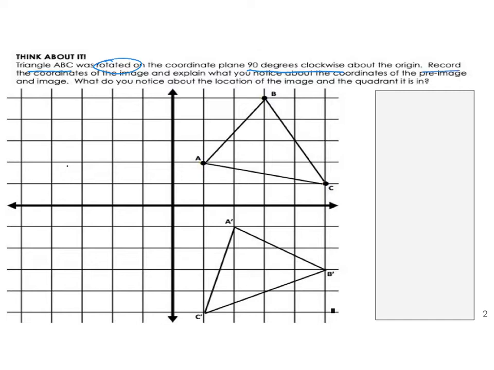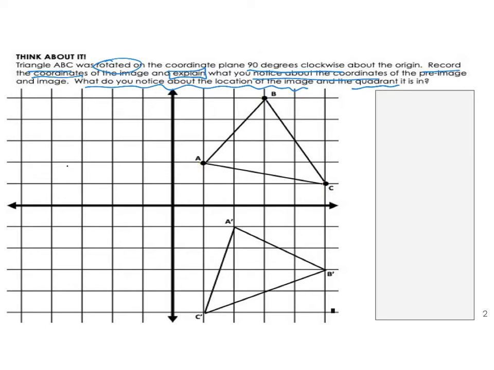So I need to record all the coordinates of the image, and I need to explain what I notice about the coordinates of the pre-image and the image, and what do I notice about the location and the quadrant. So that's a lot. I'm going to go back through that and just number how many different things I need to do so I know if I'm done.